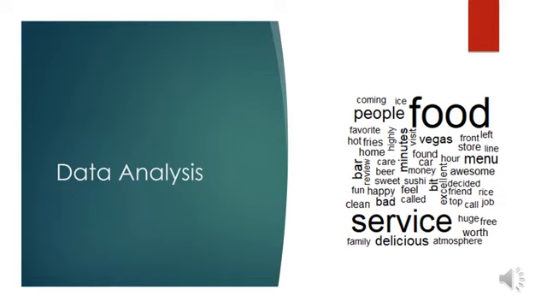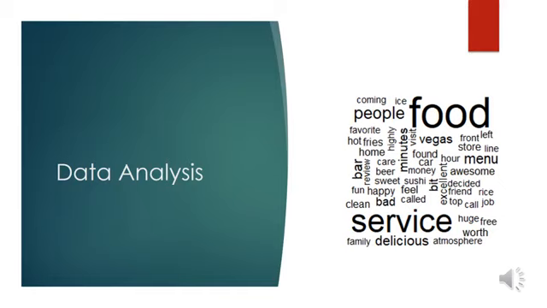The first diagram you see right here on this slide shows the top 100 words used within the dataset. If you're familiar with word clouds, I'm sure we all are. In this case, you see the word and it's scaled based on the number of times it's found within the records that have been read. The word food is the biggest word, which makes sense. Yelp is definitely known for reviews of restaurants, whether they're fast food or fancy dining.